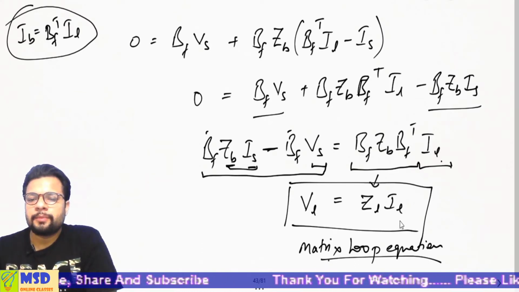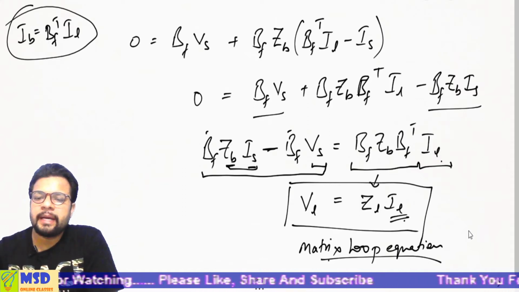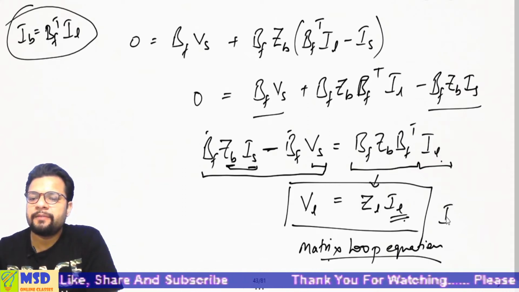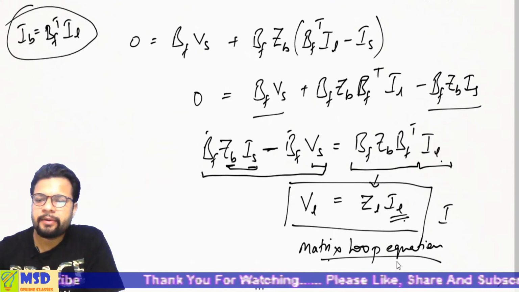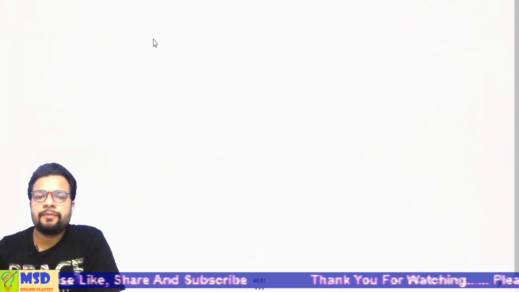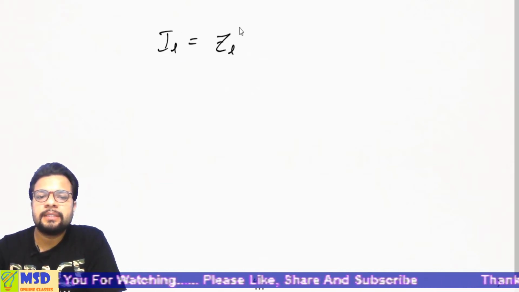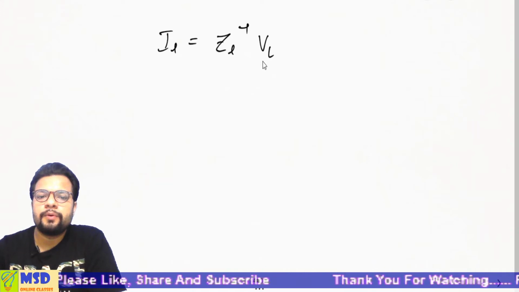So from this we can determine the value of loop current by taking the inverse of the ZL matrix. That is, if we have the value of VL and ZL, then we can determine IL equals ZL inverse into VL.